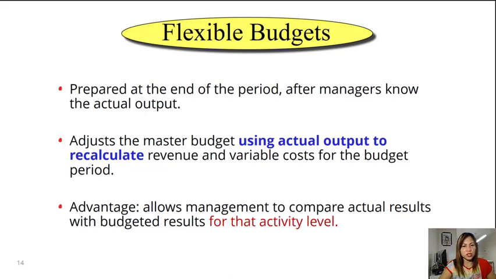Why do we need to do this? Why do we have to bother calculating a flexible budget? The main advantage of a flexible budget is to allow you to compare actual result and the budgeted result for the same activity level.